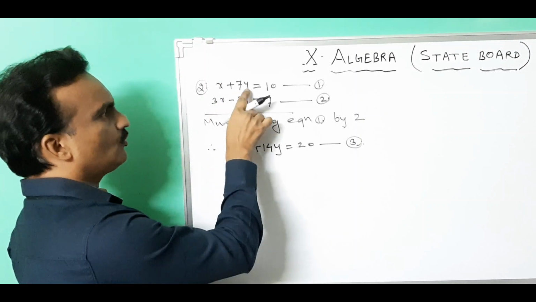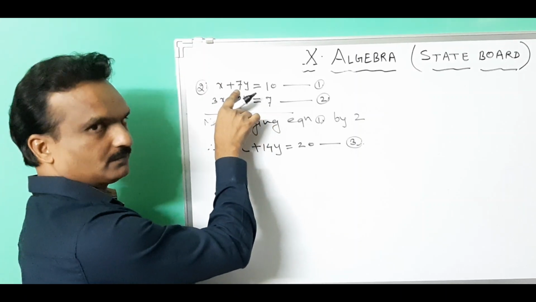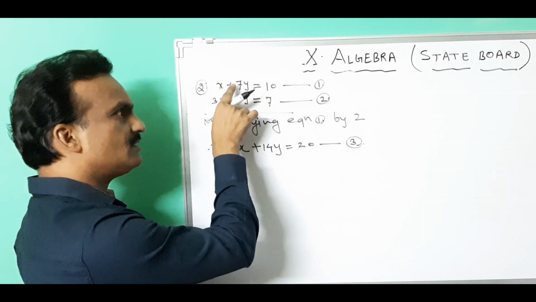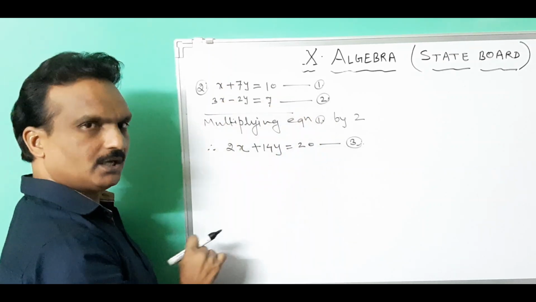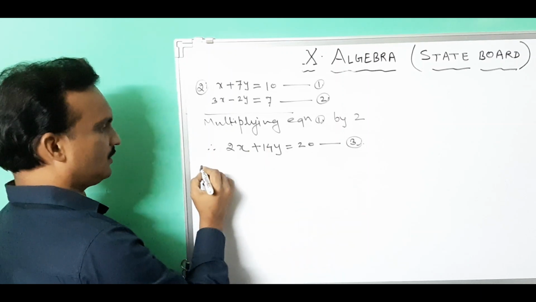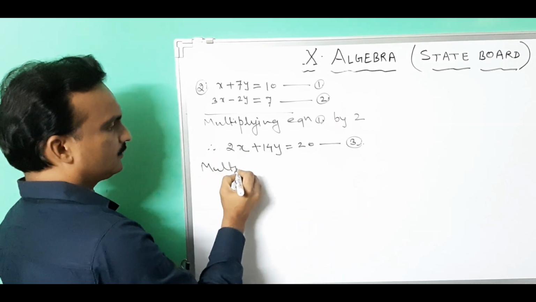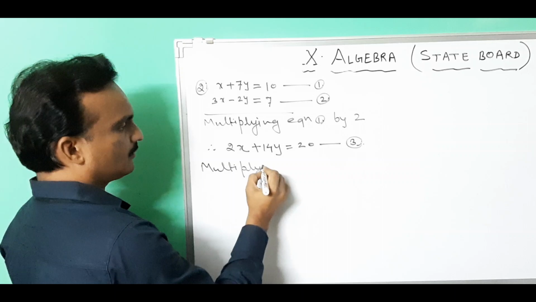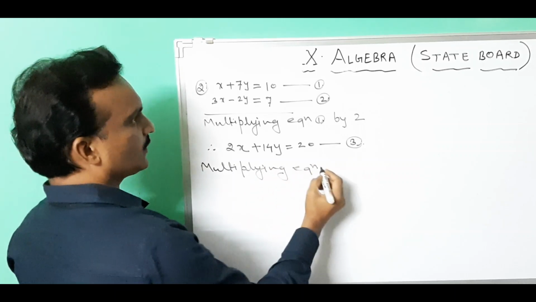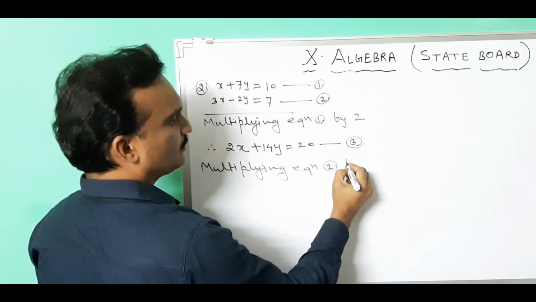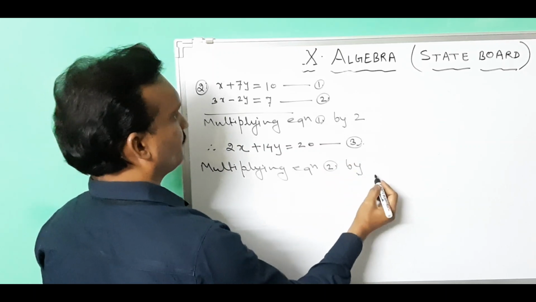Now, the coefficient of y is 7 in the first equation, so with that 7, I will multiply equation number 2. Again I will write here multiplying equation 2 by 7.